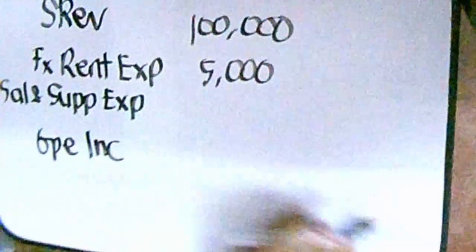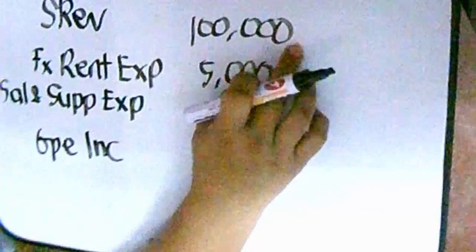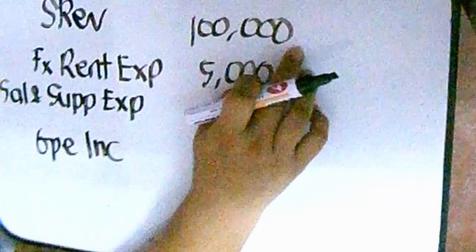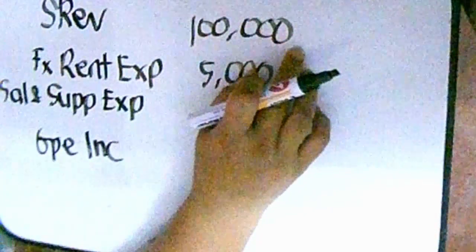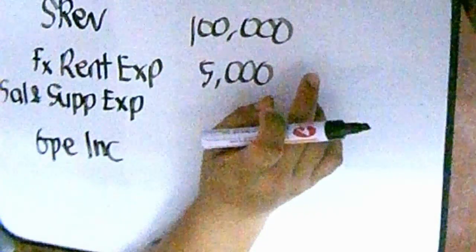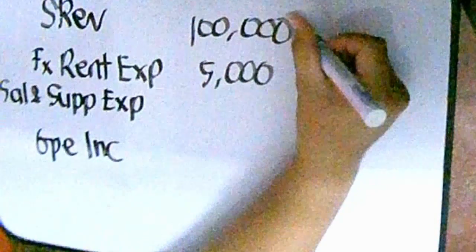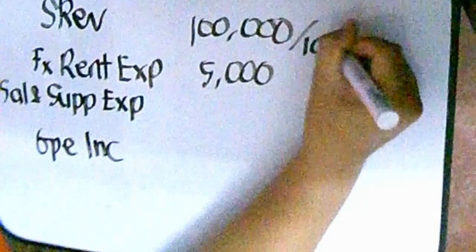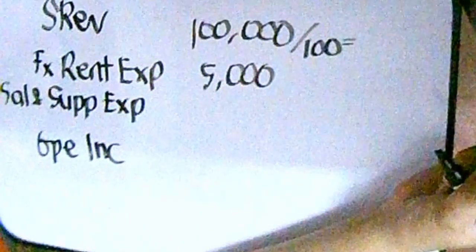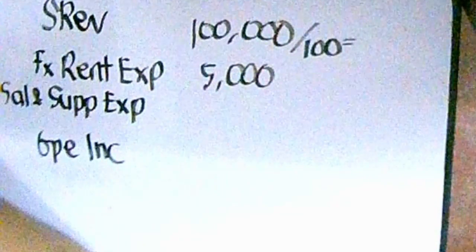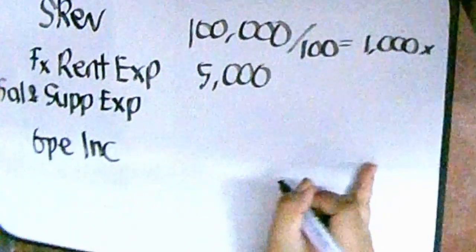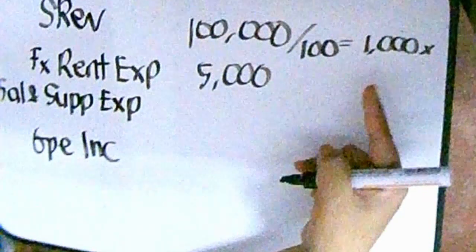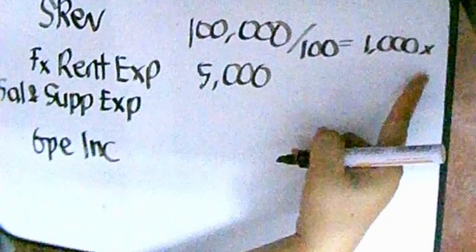So kukunin natin kung ilang beses ito para sa salaries and supplies. So yung 100,000 divide natin kasi every service is tag 100 pesos. So 100,000 divided by 100, that is 1,000 times nakabenta or nakapag-render ng service 1,000 times.